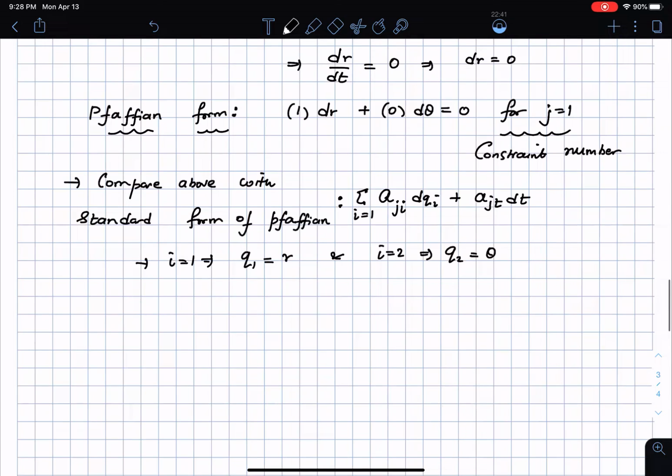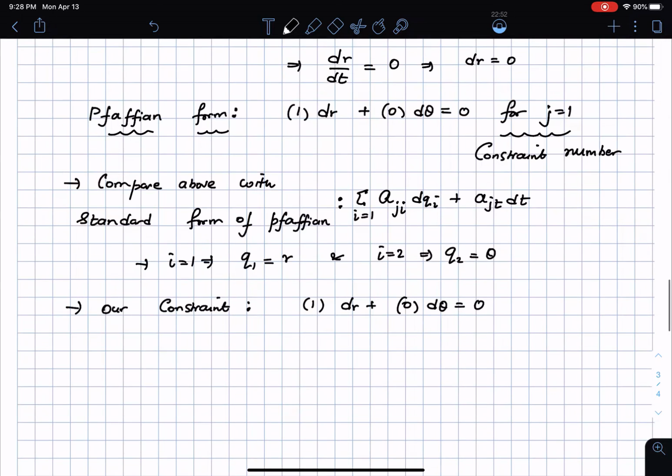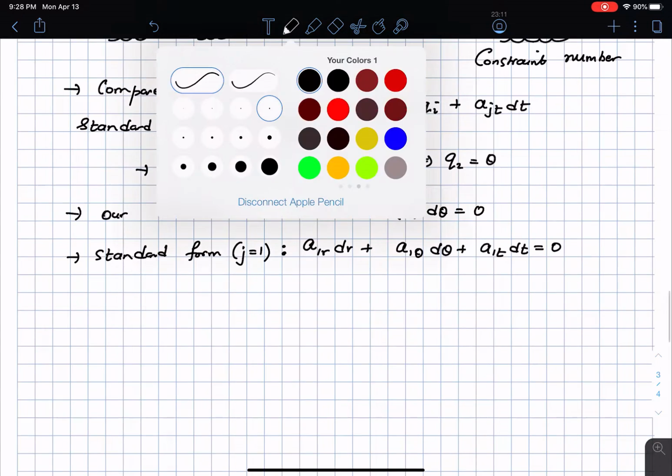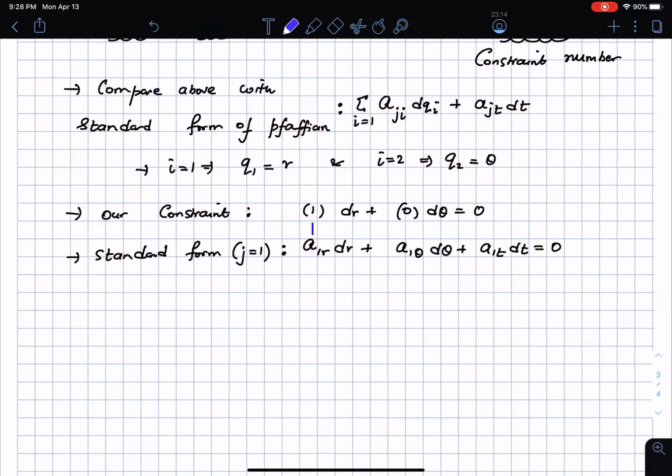Which means that our constraint is 1 times dr, 0 times d theta is equal to 0. Standard form for j is equal to 1 is a1r dr, a1 theta d theta, a1t dt is equal to 0, which means that if I do the comparison, these two are the same, these two are the same, and of course a1t is equal to 0.